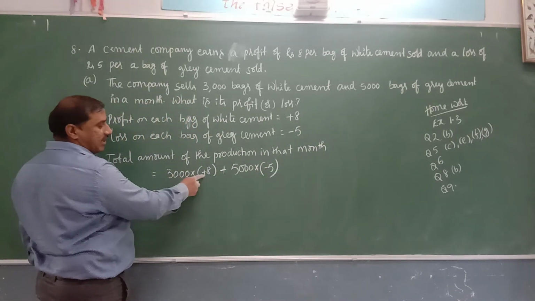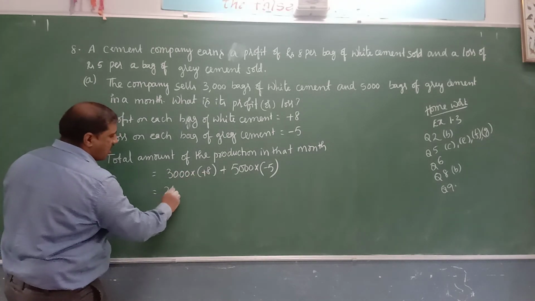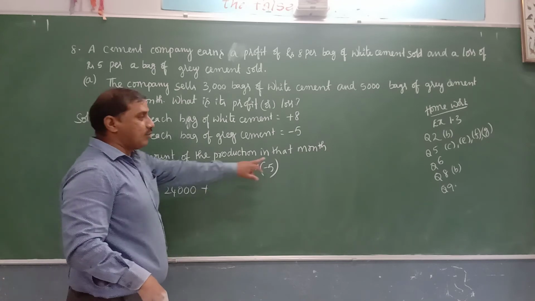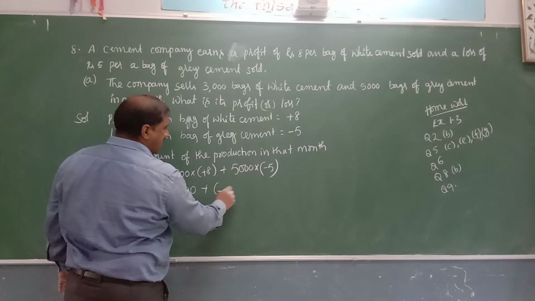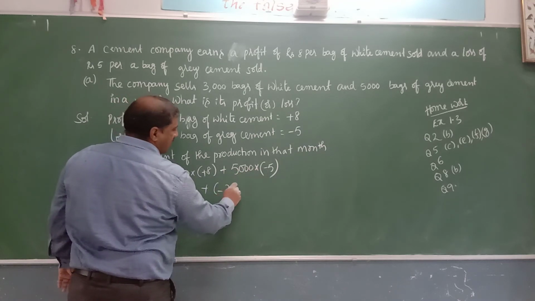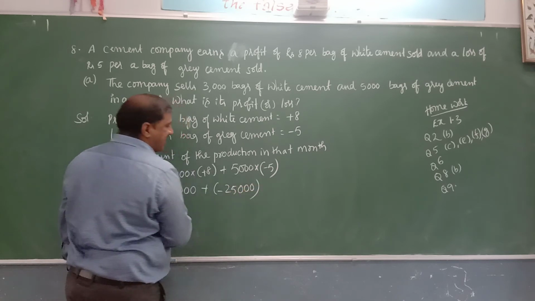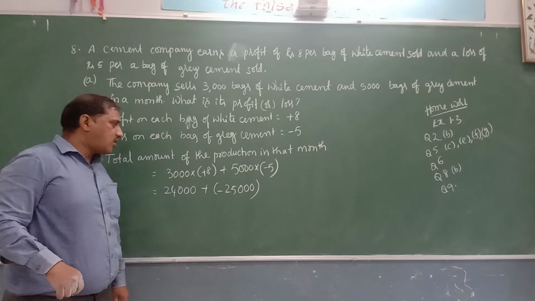Plus into plus is plus, so multiply 3,000 into 8: 8 3s are 24, so 24,000 plus. Plus into minus is minus. 5 into 5 is 25, so 5,000 into 5 is 25,000, and here the minus sign is there, therefore minus 25,000.